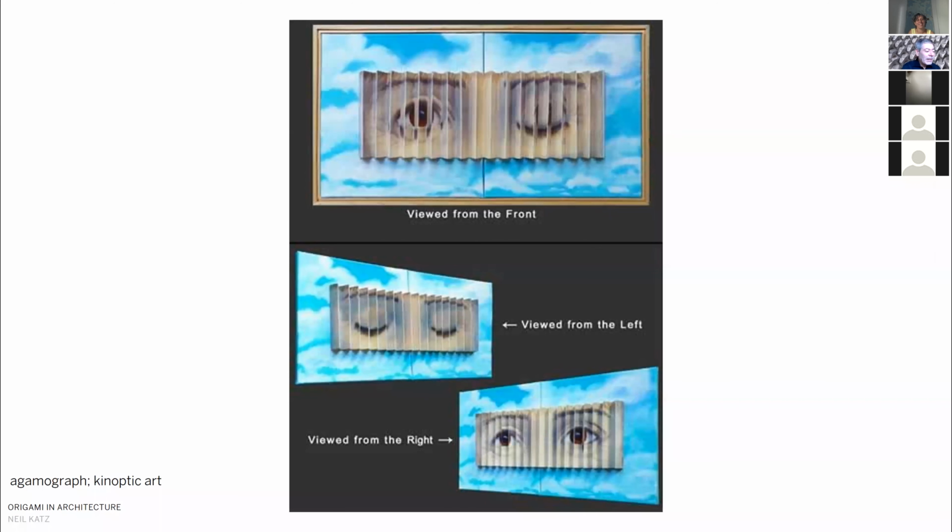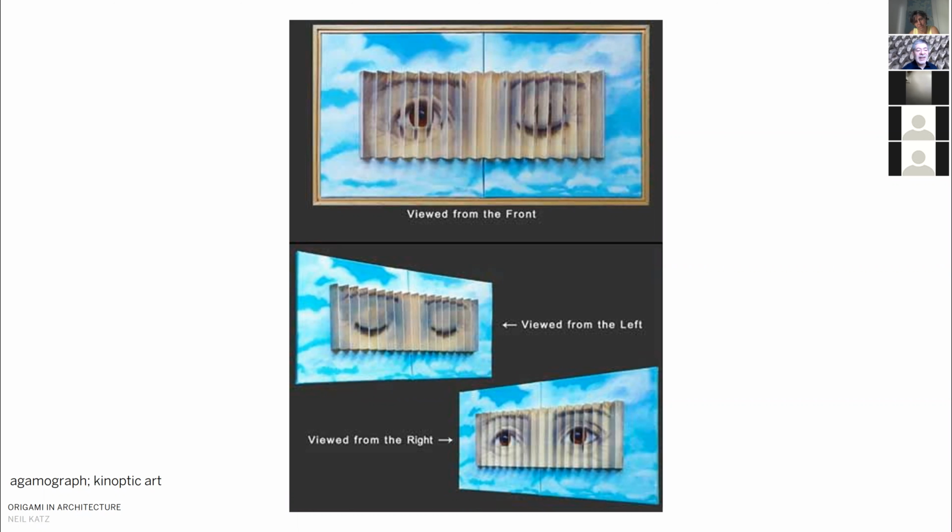There's another aspect, kinoptic art, using photography in a very specific, very special way, where if you have two photographs and you cut them into strips, and then you put them together by alternating them, and then you corrugate the strips. When you look at them from one direction, because of the corrugation, you see one set of facets and not the other, so you can see one of the images.